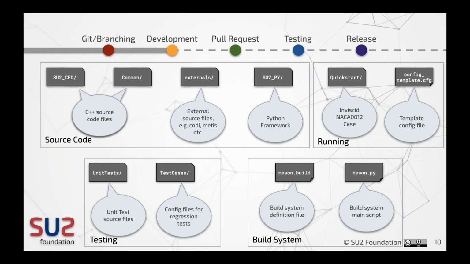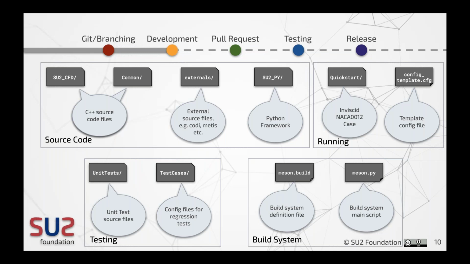So let me come to the development point. As soon as you have cloned the code, or you downloaded the zip file, which I would not recommend, as I already told you, you have a couple of files and a couple of directories in this root directory. I just want to briefly go through some of these directories and what files we actually have in there.